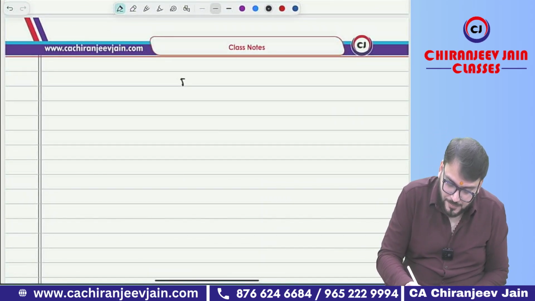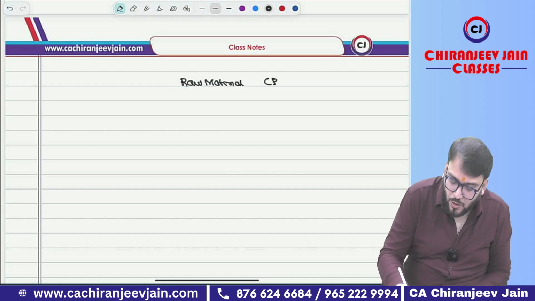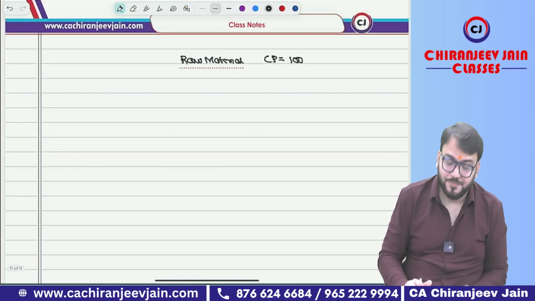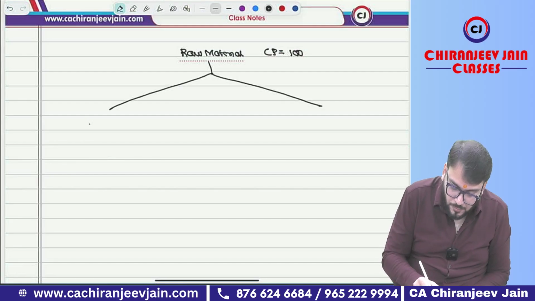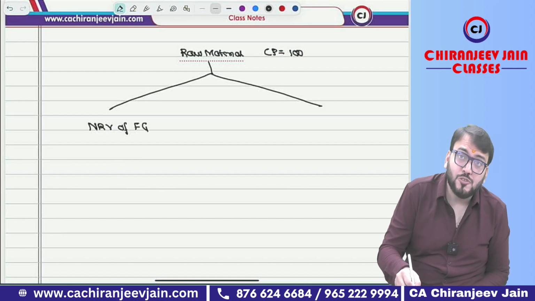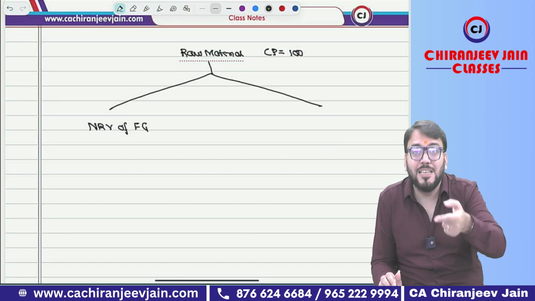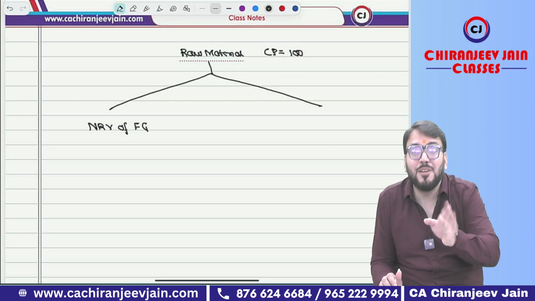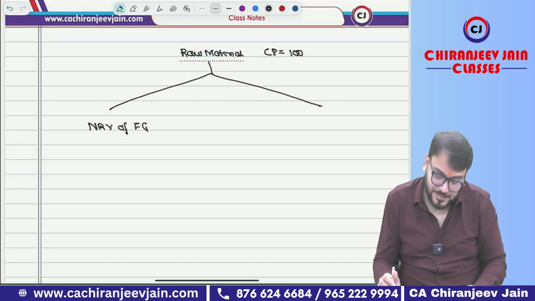If you are doing valuation of raw material, and suppose the cost price is rupees 100, you need to find out the NRV of finished goods which can be produced from the given raw material. It means at what price the finished goods can be sold in the market. Are you able to understand? Yes, sir.